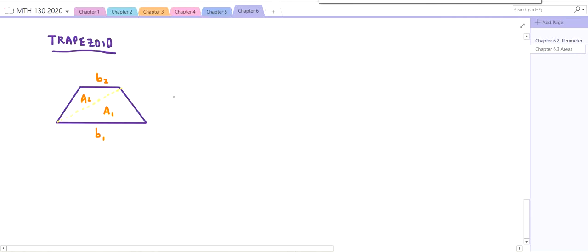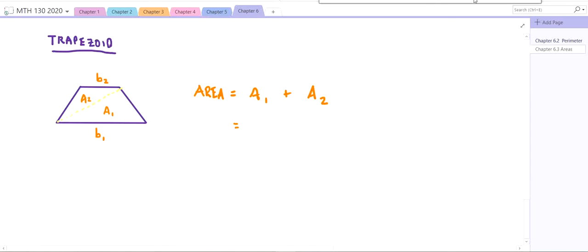So what am I going to do here? First thing I'm going to do is take area 1. Area 1 is probably the easy one. So the total area is equal to area 1 plus area 2. It's the area of the two triangles.